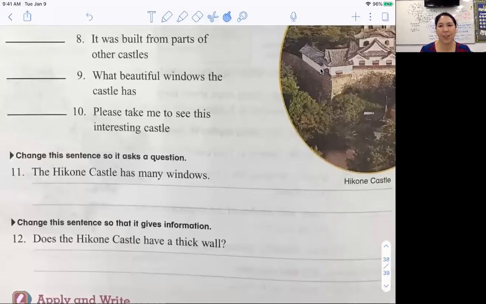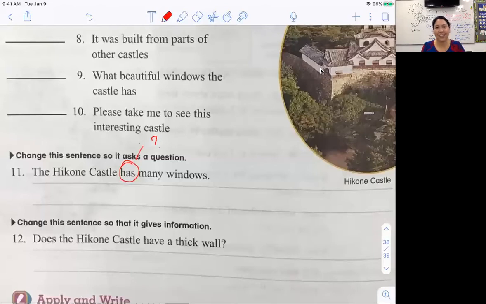I'm looking at my answer guide here because this sounds a little weird. I'm going to tell you on this one, this is the helping word or the linking verb, has, but if I put it in the front, has the Hakone Castle many windows, it sounds kind of weird. So think if you can think of another word that you could put at the front besides has to ask if the Hakone Castle has many windows.